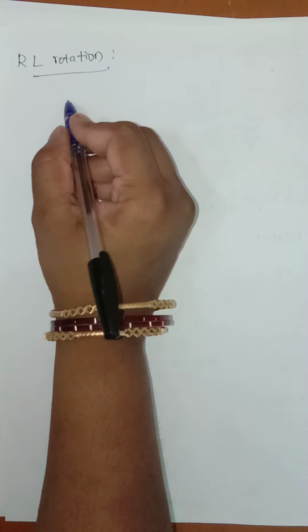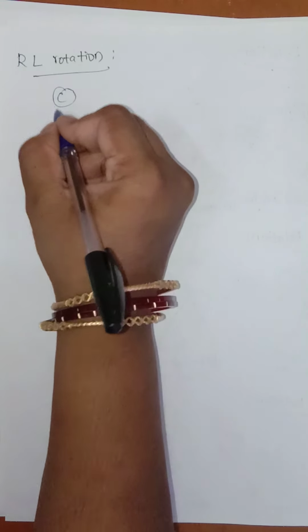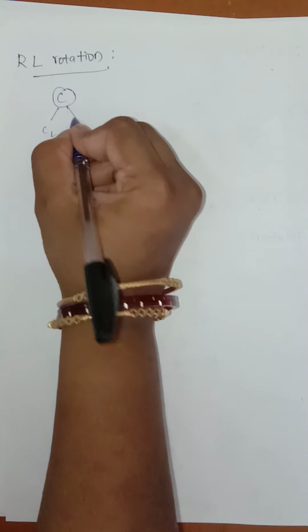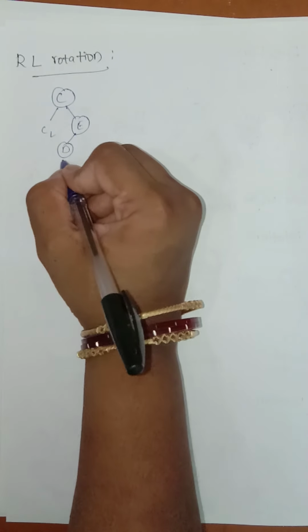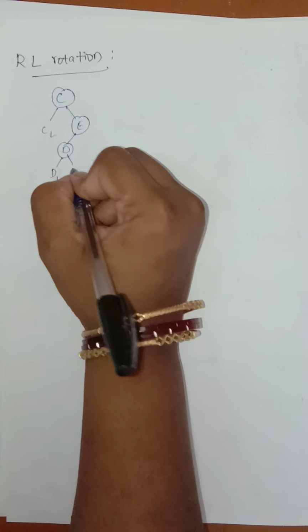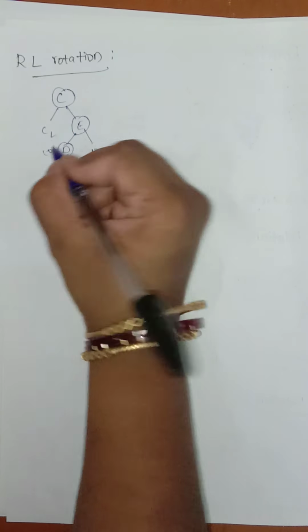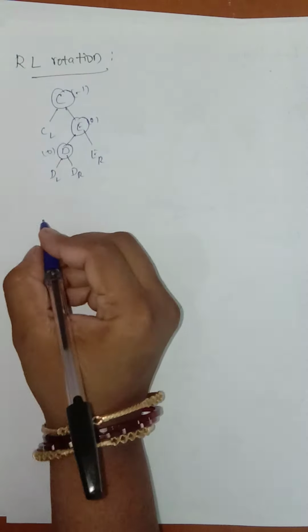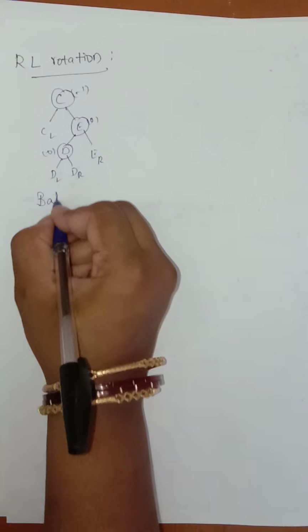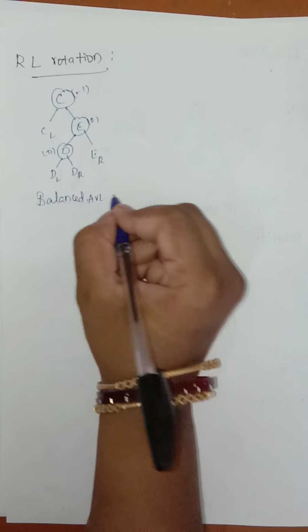Sorry, this is the left part of the right subtree. Let us consider an example. CL, E, D, DL, DR, ER. Here the balancing factor is 0, here the balancing factor is 0, the balancing factor is -1. This is a balanced AVL tree after checking the balancing factors.